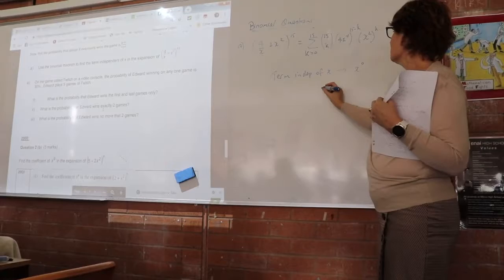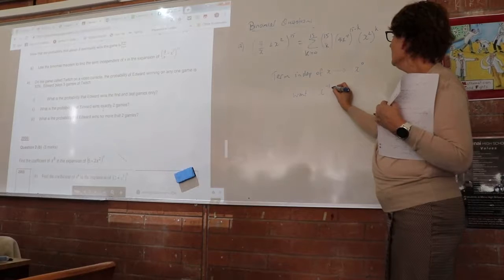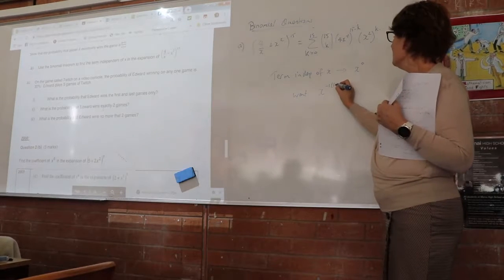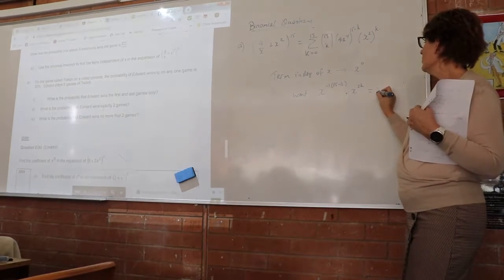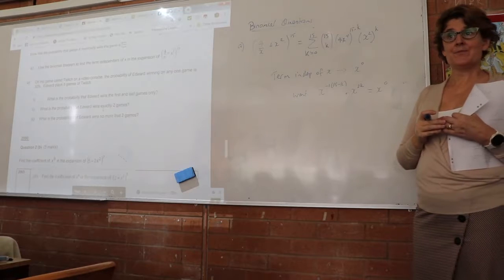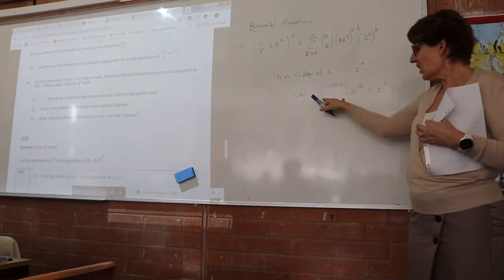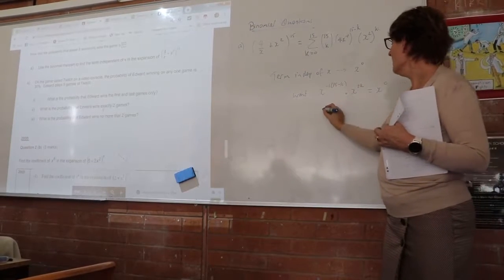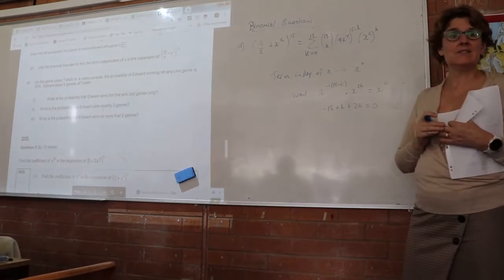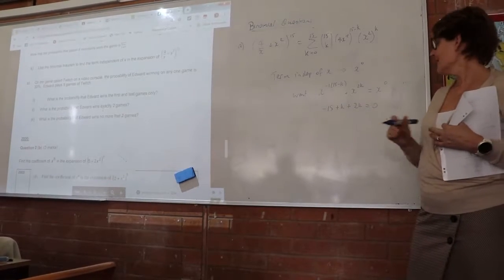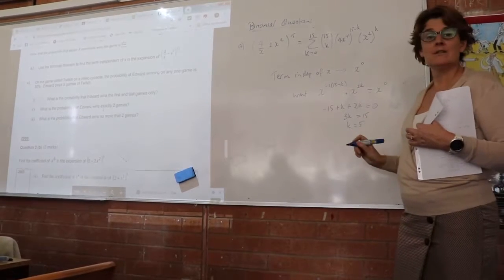So you want x to the minus 1 to the power of 15 minus k times x squared to the k to equal x to the 0. So what do you do with these indices? Well, when you times the base, you add the indices. So you want minus 15 plus k plus 2k to equal 0. And that gives me 3k equals 15 and k equals 5.